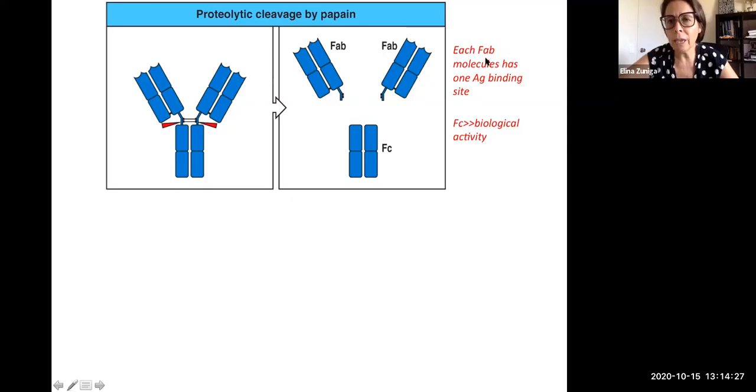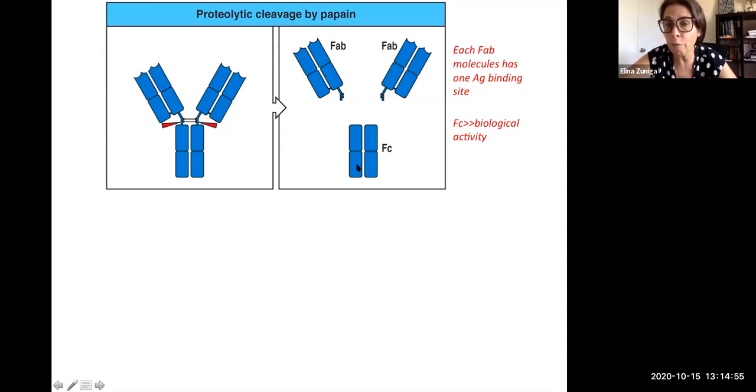So each FAB molecule has 1 antigen binding site and will have the light chain and part of the heavy chain. The other part resulting from this enzymatic cleavage was the FC region, which contains most of the constant region of the heavy chain.